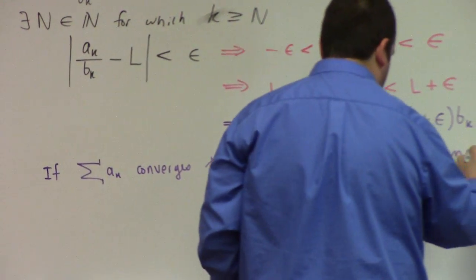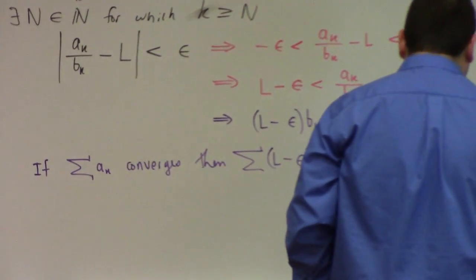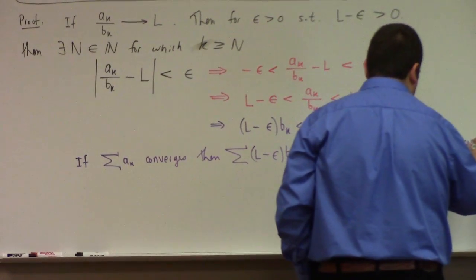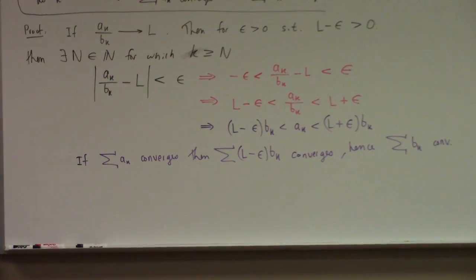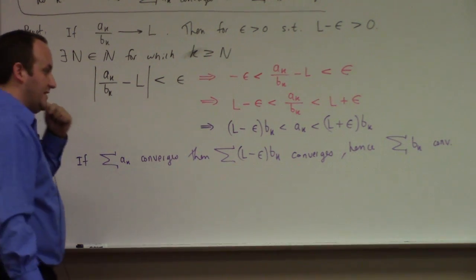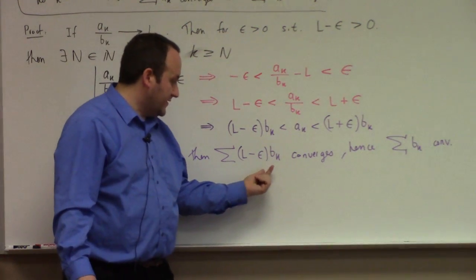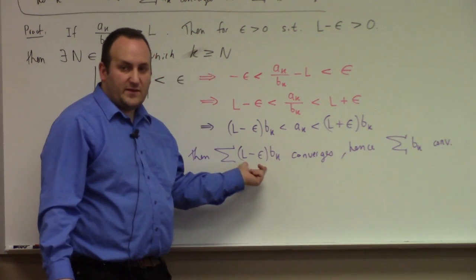Hence, the sum over b sub k converges. Why? Because it's just a scalar multiple of that other series. And if a series converges, a scalar multiple of the series also converges, and vice versa. In other words, if you can factor out a constant, it doesn't change the convergence or divergence of the series. L minus epsilon here is just a constant.